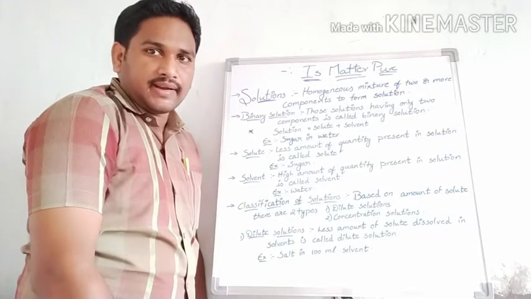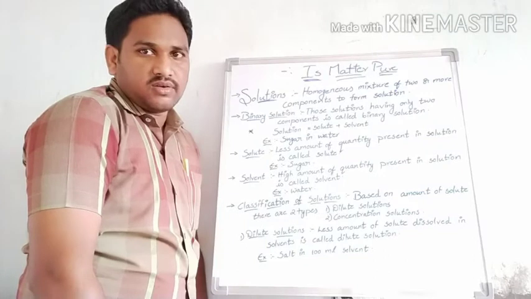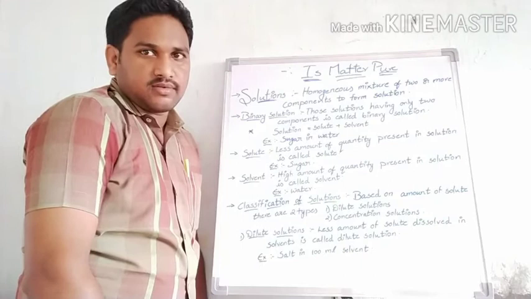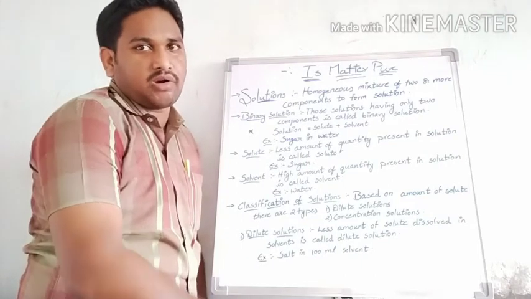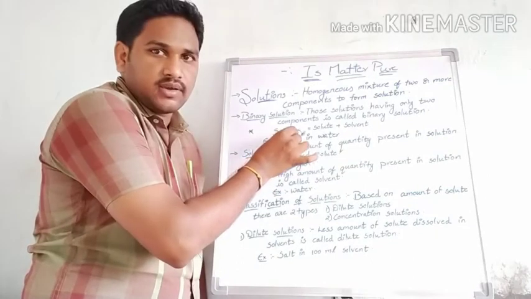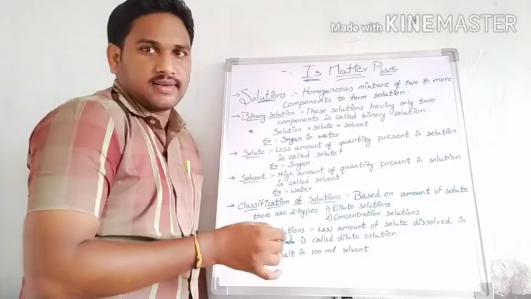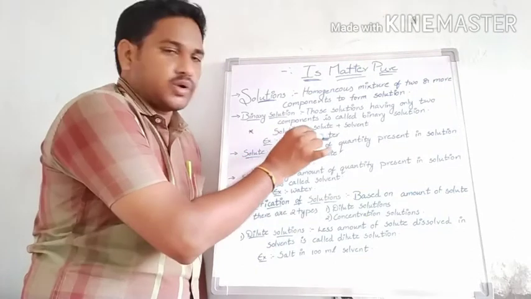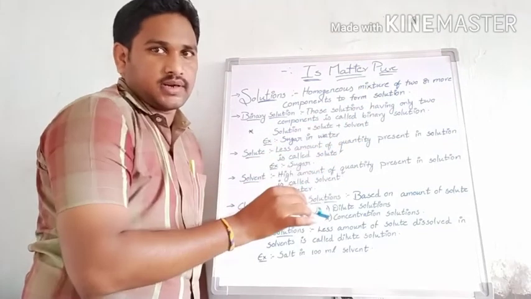Students, binary solution means those solutions having only two components, that is, one is solute, another component is solvent. Overall solution equals solute plus solvent. Examples of solution: sugar in water, salt in water, sand in water.